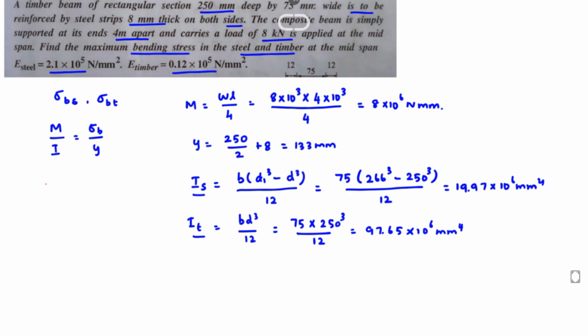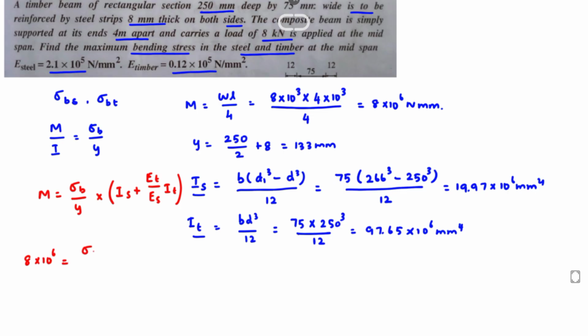Now we can substitute: M equals sigma b divided by y into the I value, which for this composite section is I s plus Et divided by Es into It. Now we substitute all the values over here. M is 8 into 10 power 6 which we found out.